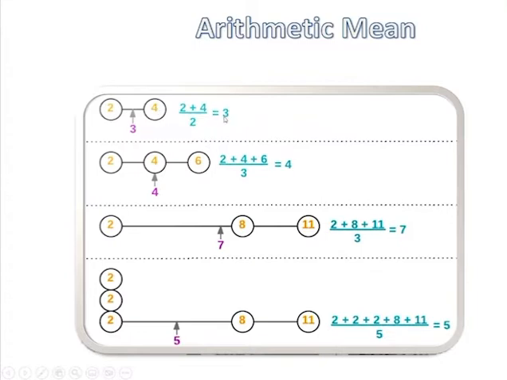Since 3 is at the center of 2 and 4, it should represent them, provided the variance, the standard deviation, is very small.